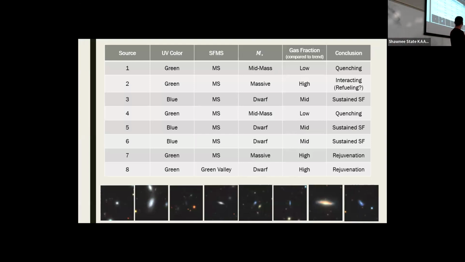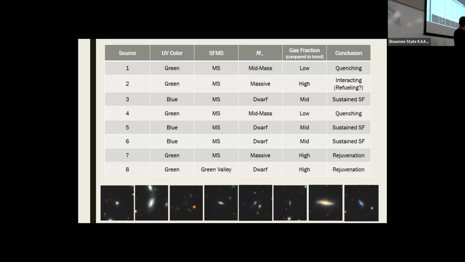Everything is within the star forming main sequence, except our last source, which is the one that came from XMM. And it is sitting in the Green Valley. Just a general statement about masses and their gas fraction, and trying to pull all that together into a consistent picture.